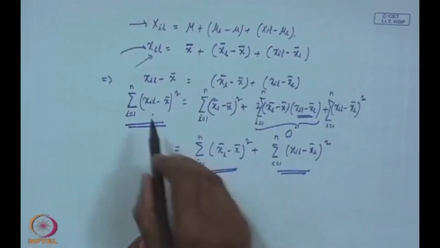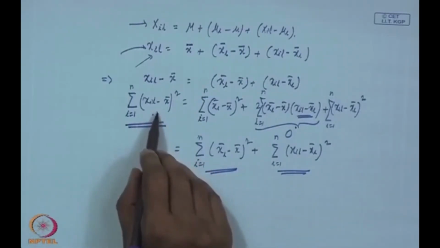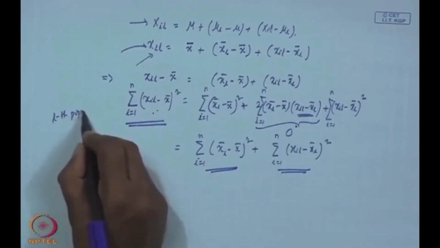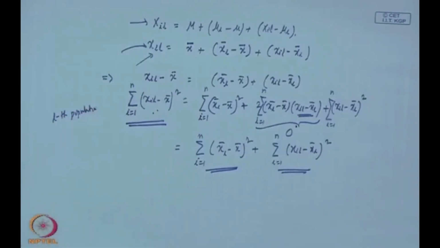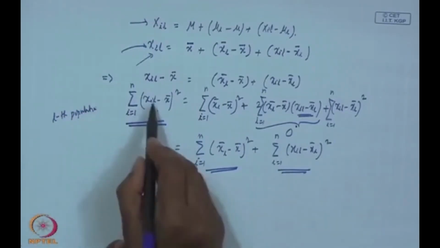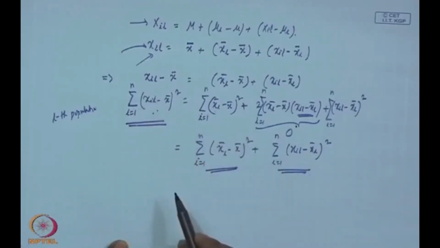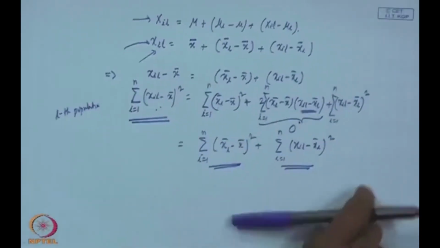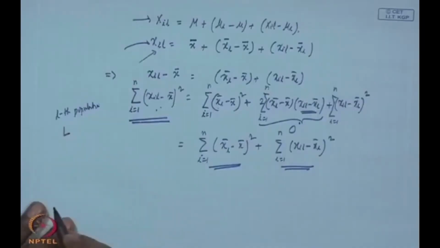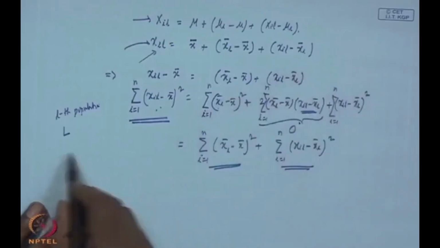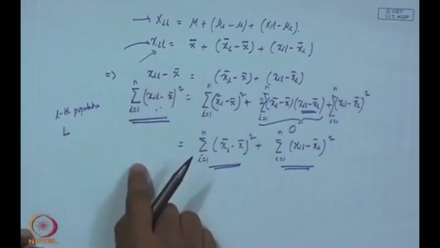This is for a particular population, L population, because we have taken XIL, everywhere L is there. But how many populations are there? Capital L populations are there. So your observation is spread over all L populations.